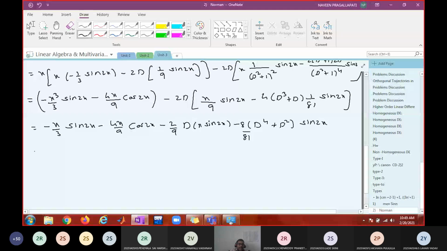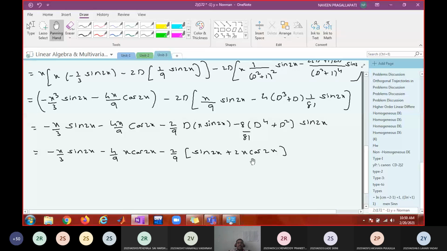So this is minus x by 3 sine 2x, minus 4 by 9 x cos 2x, minus 2 by 9. What is the derivative of x sine 2x? Sine 2x plus 2x cos 2x. Do you agree? UV rule, sine 2x plus 2x cos 2x.